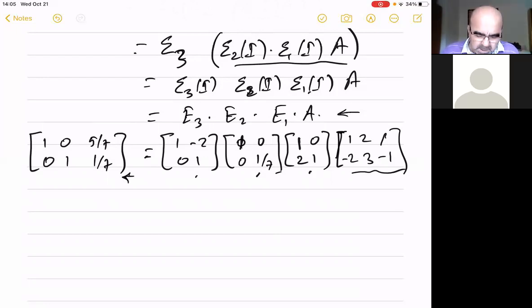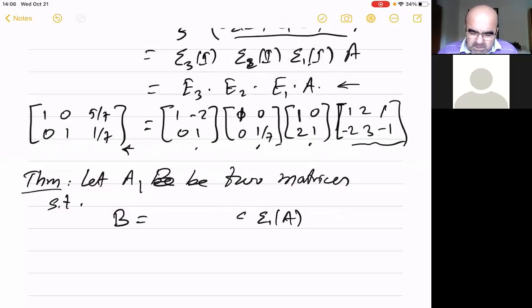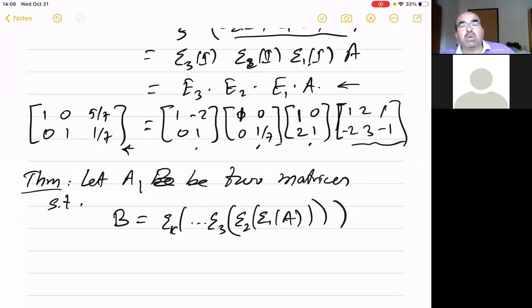Let A and B be two matrices such that B is equal to first you apply some operation to A. It doesn't matter which operation that is. Then you apply another operation, and then another operation, like this, k operations.